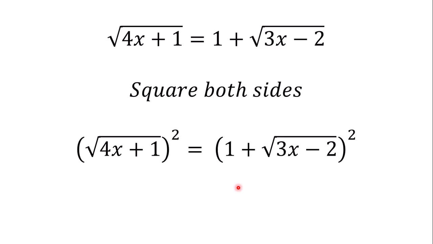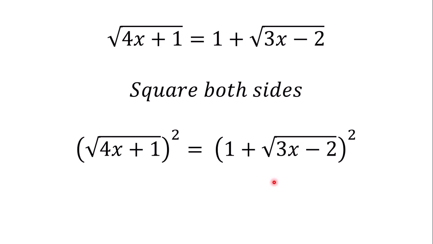1, 2, and then what? 1. So what this coefficient simply means is that you will take the first one and then you square it. After that, you will take the second one. You take the first one, you multiply by the second one, and then you multiply by what? The coefficient of 2.